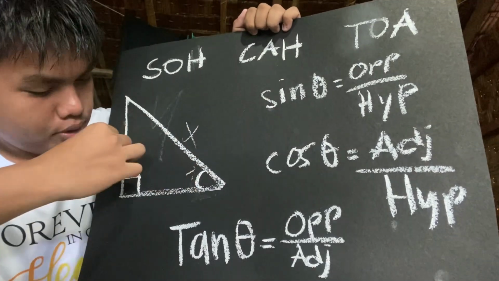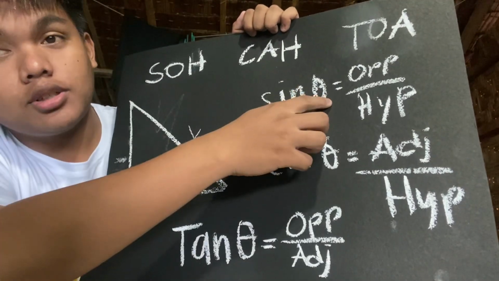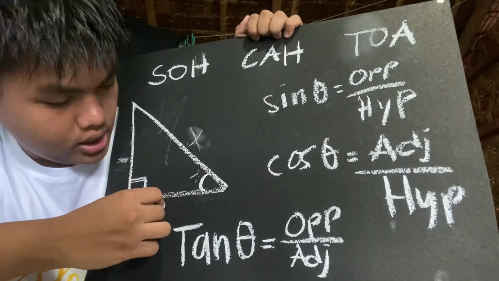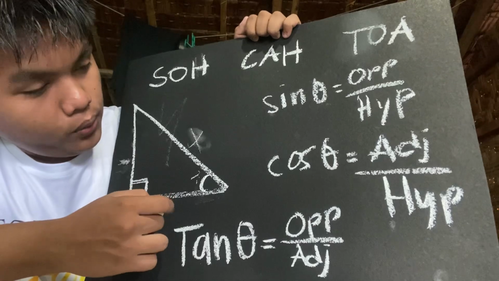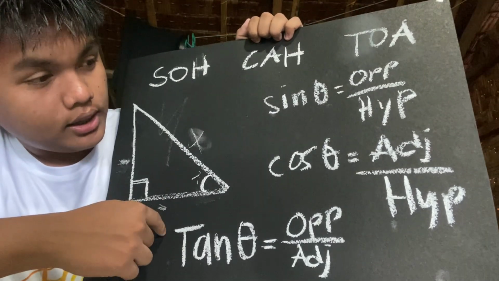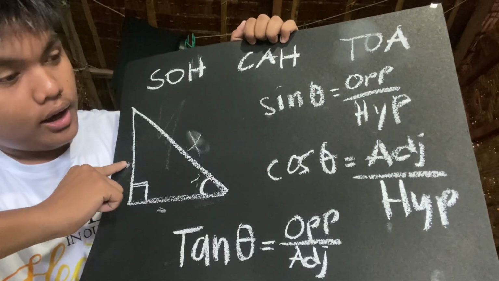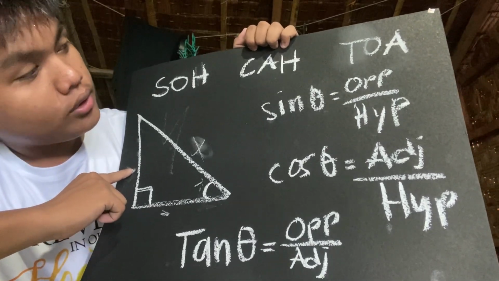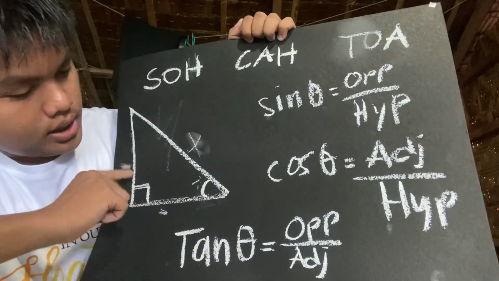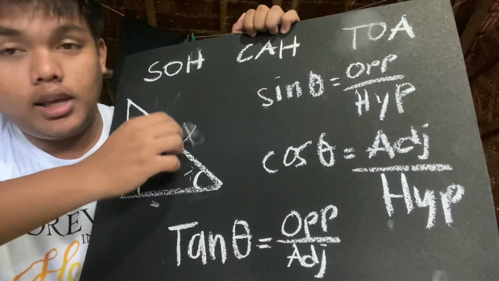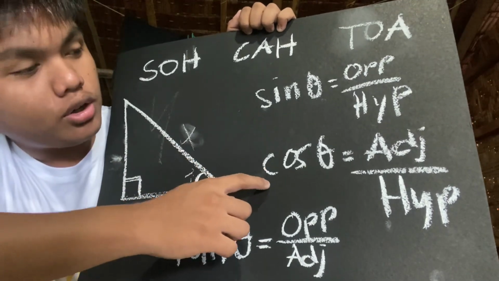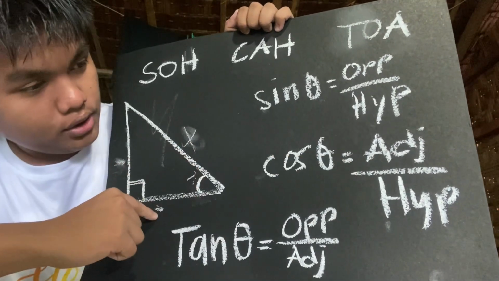Sine equals opposite over hypotenuse. If we want to find the adjacent, we can use the tangent, the opposite and adjacent. But if we need to find the adjacent but only have the hypotenuse given, we can use cosine, adjacent over hypotenuse.